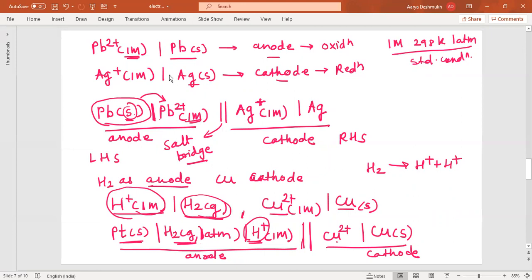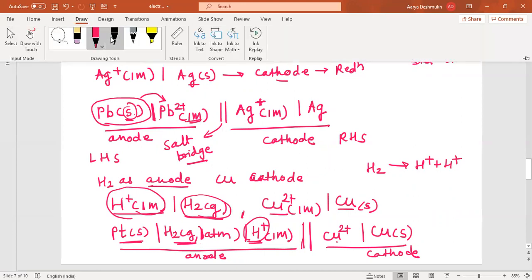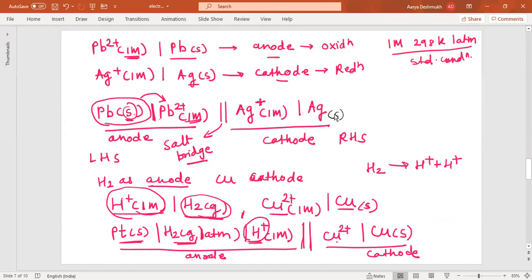Here these are the silver ions, and silver is in solid form. Physical state is solid here. These two are half cells joined through the salt bridge, and this part of the cell acts as the cathode, which is to be written at the right hand side.